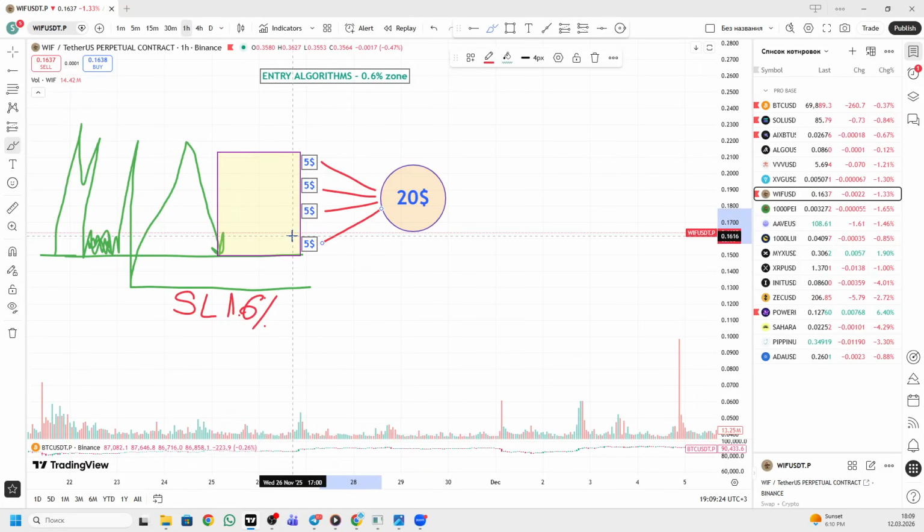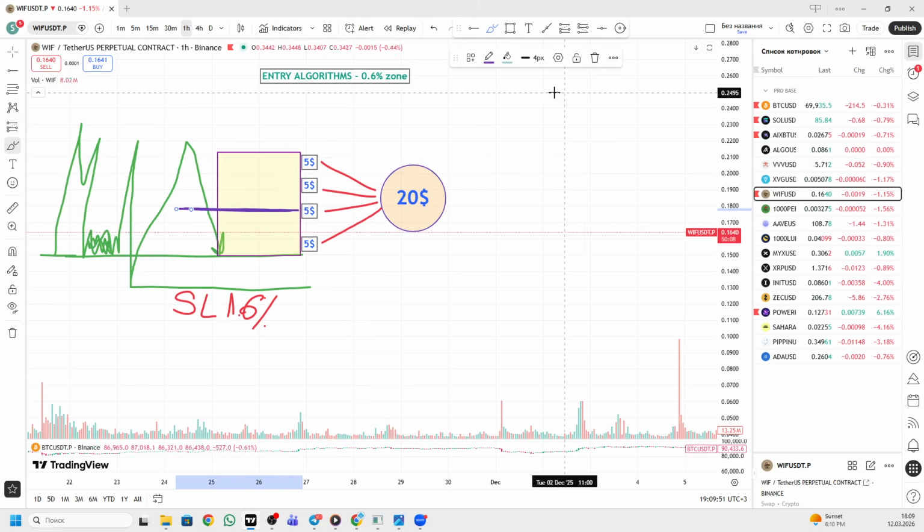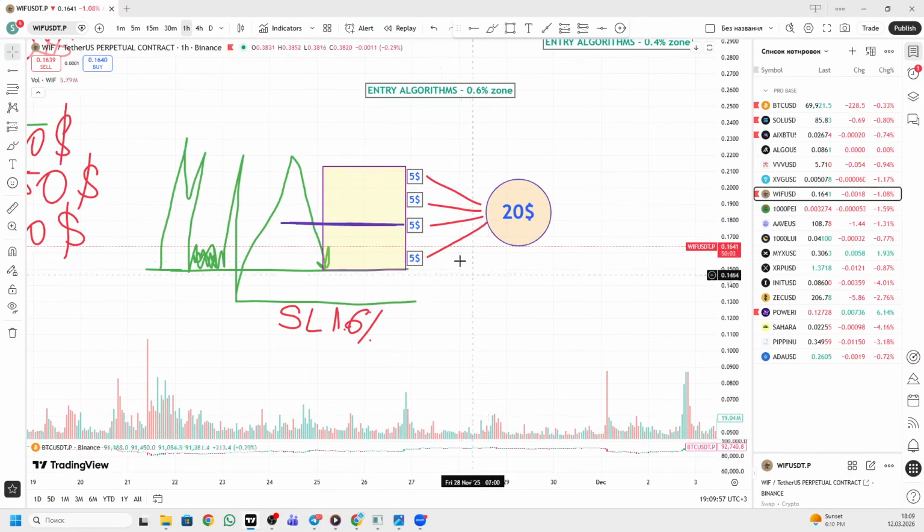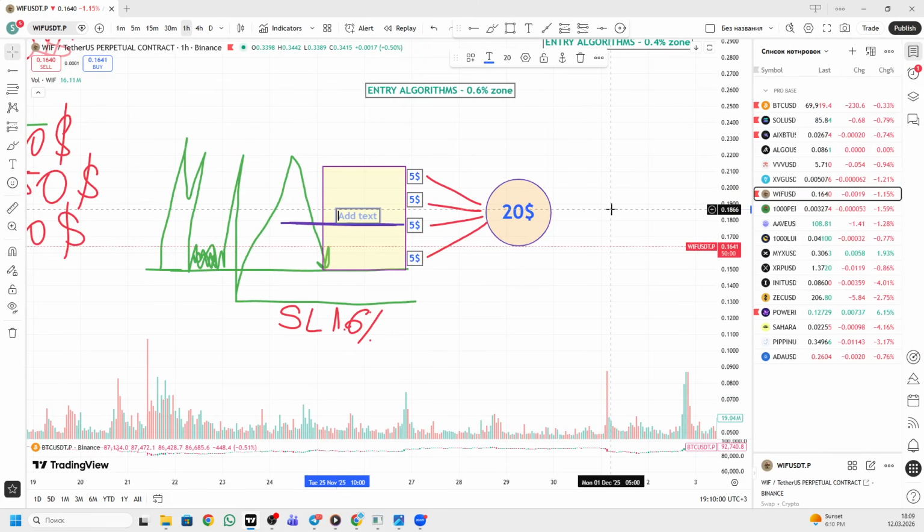If the asset takes all of them, then your average entry price shifts somewhere closer to the 0.4% area. Somewhere here it will be. Which means you end up close to the zone where you originally wanted to be anyway, right? So I want to write this down also in order for you to remember this. It's also important. Let's write it like this. It will be the entry point.